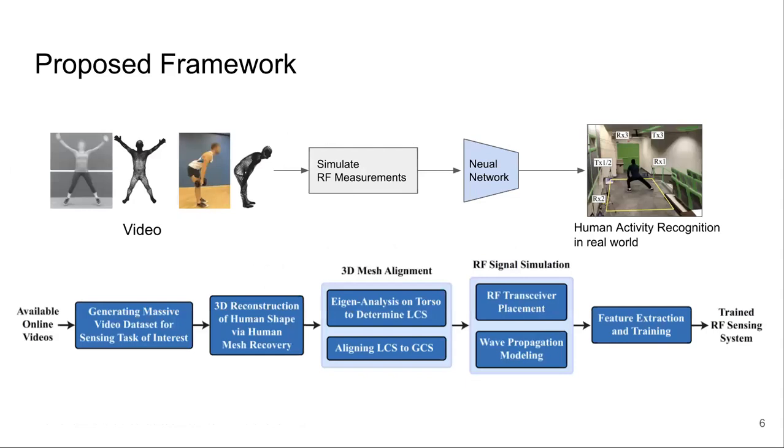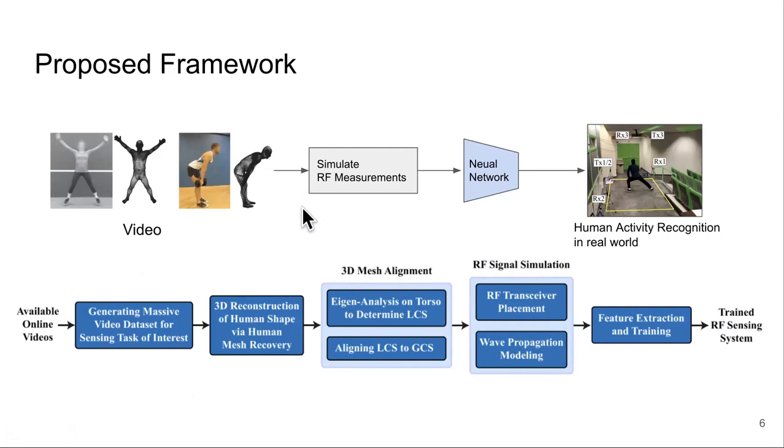So now let's go to the pipeline. The details of the pipeline are shown in the bottom. What we should know at this point is that the goal is to perform HAR without collecting RF in the real world, shown in this top graph, right?